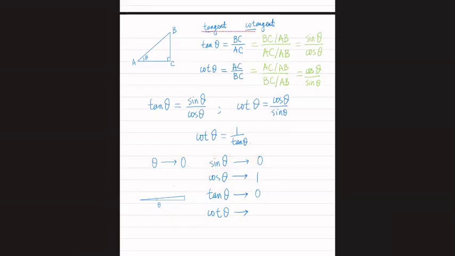Now the last one. What happens to the cotangent when the angle becomes smaller and smaller? Amy, what do you see?